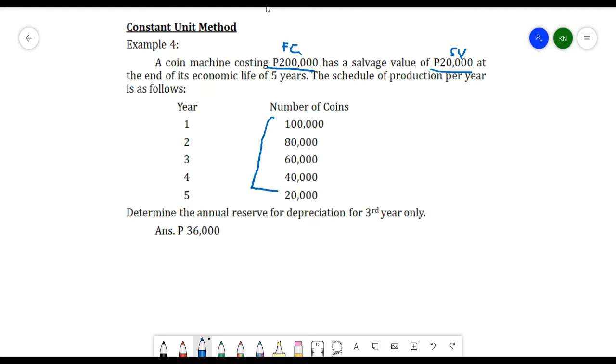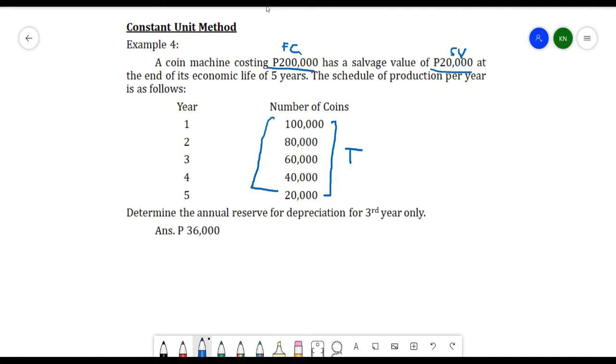The schedule of production per year is as follows. First year, it produces 100,000 coins. Second year is 80,000. Third is 60,000. Fourth is 40,000. And fifth is 20,000. So you just have to total this in order for you to have your T. So that is our T.